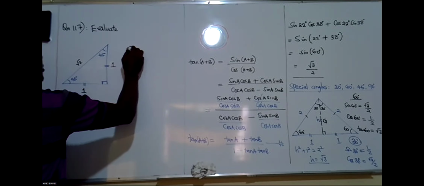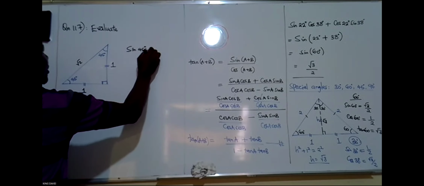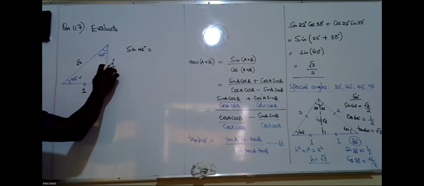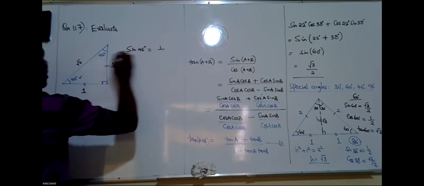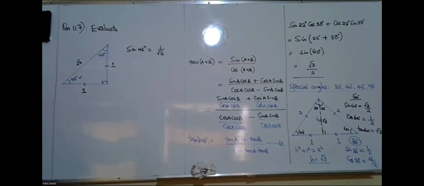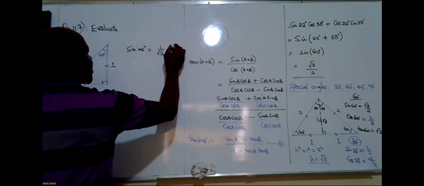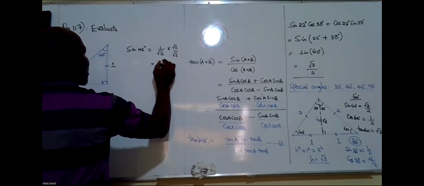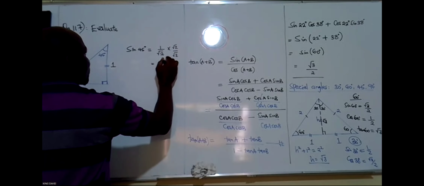Such that if we are to get the sine of, let's say, 45, if I'm to use this 45 here, it's going to be the opposite, which is 1, out of the hypotenuse, which is root 2. 1 out of root 2. You could even decide to rationalize this times root 2 out of root 2. The numerator is root 2, the denominator is 2.